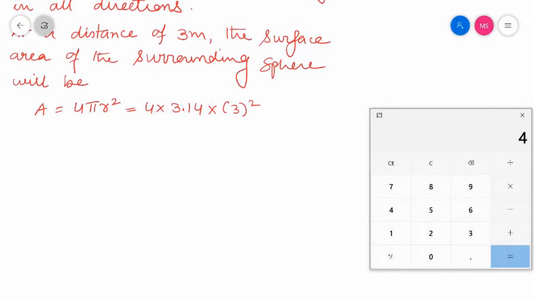So therefore 4 into 3.14 into 3 square, which is 9, is 113.04 meter square. This will be the surface area.